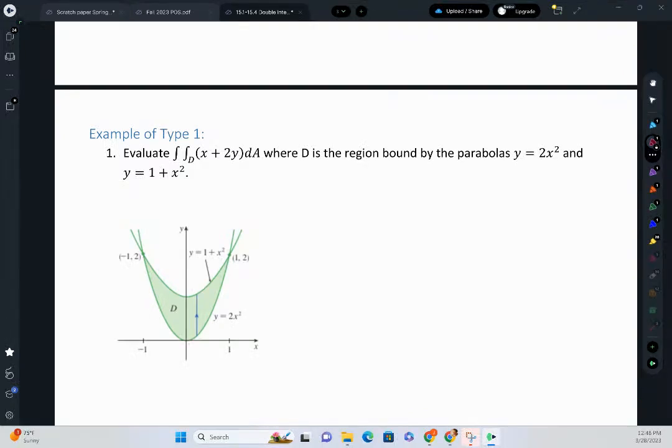But looking at this, I can see that there is definitely a lower function for y, and then there is an upper function for y. I can't really draw a nice curve here, but there we go, that's better. And then I can also very clearly see I have x values.